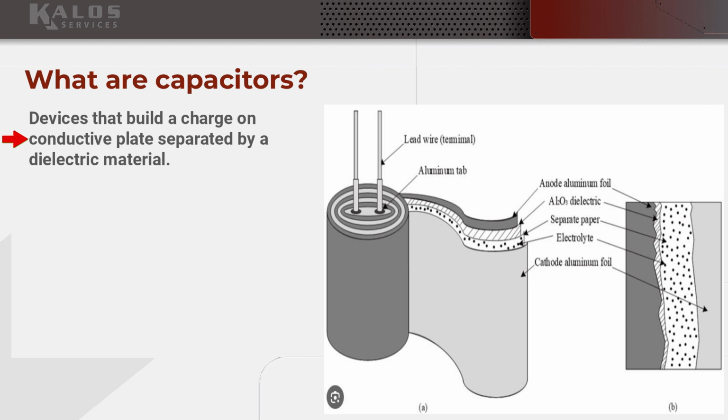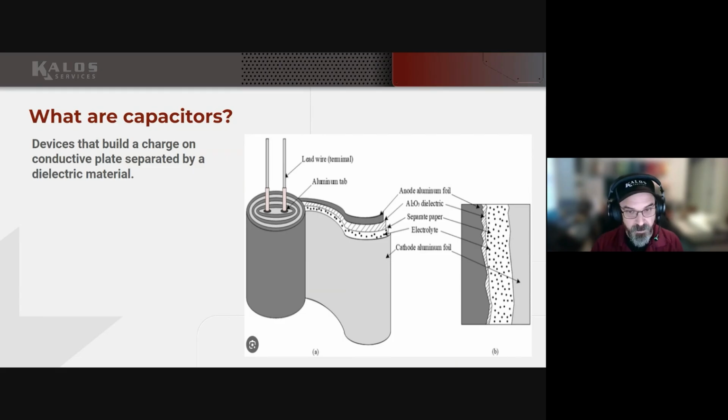And so as it charges, there's current flow happening. But our voltage, our potential, is not at full potential. That takes time to build. In terms of electrical time, it's like an instant, but it's still relative to electrical time. There's still time passing, and it takes longer for voltage to build than current to build. But we know what capacitors are: a device that builds a charge and then releases a charge.